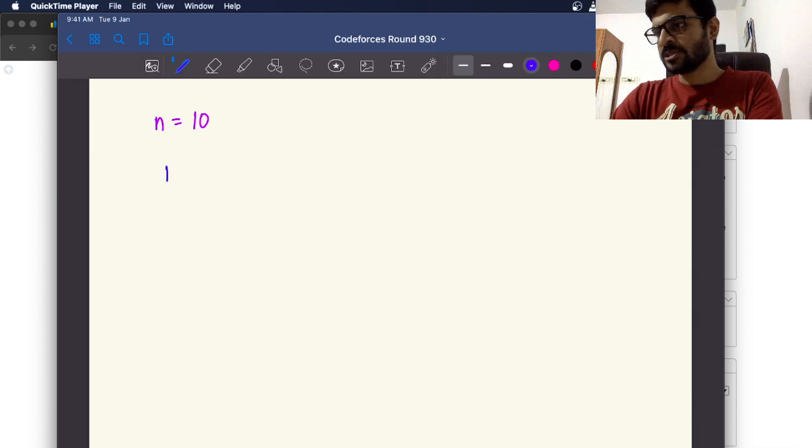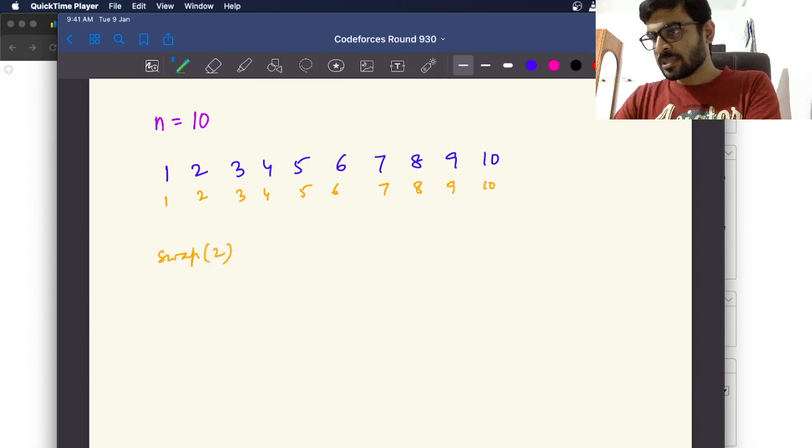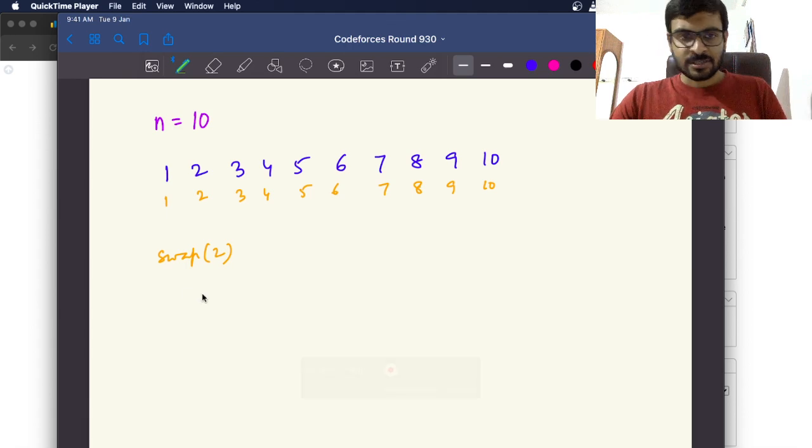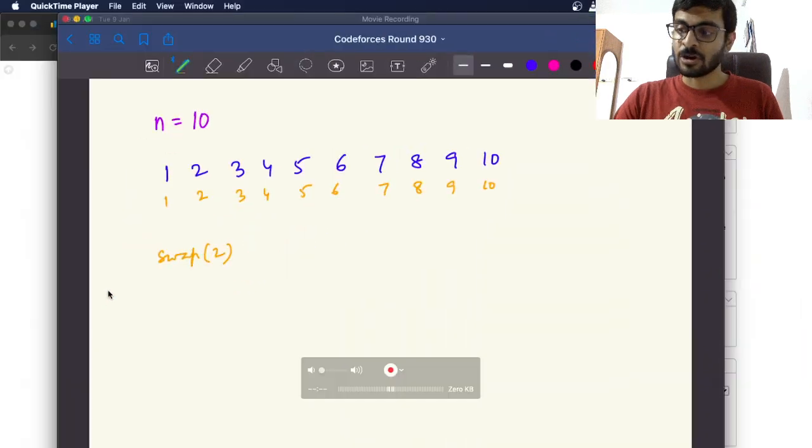Initially these are the numbers 1, 2, 3, 4, 5, 6, 7, 8, 9, 10 at those locations. First, what runs is swap of 2. It runs from 2 up to n, and it says swap with the greatest divisor not equal to 2.